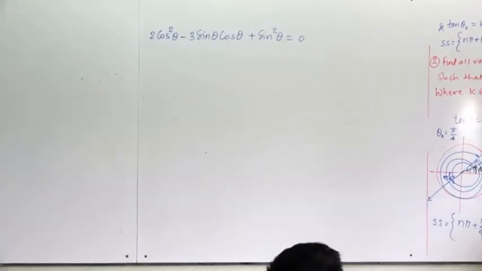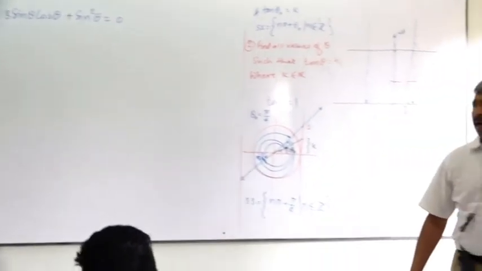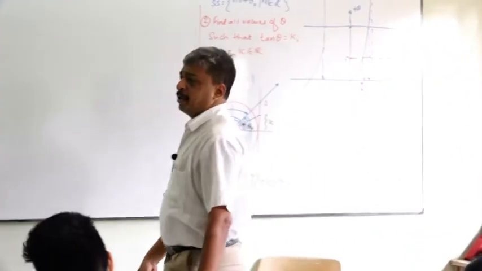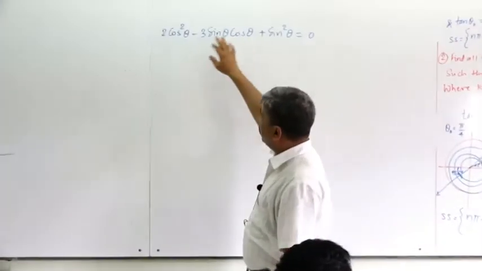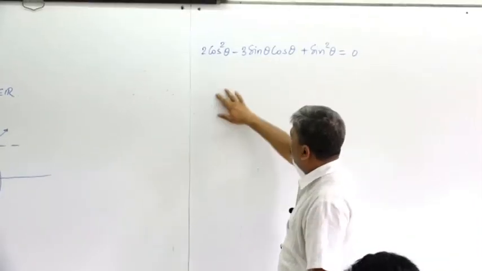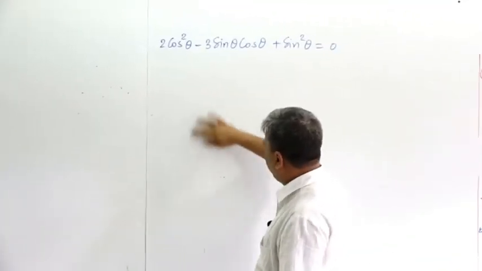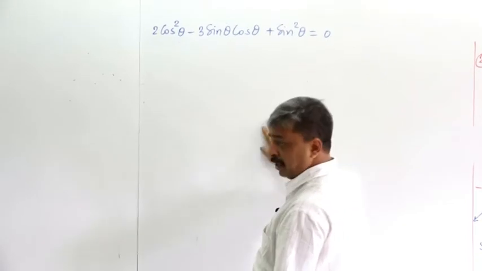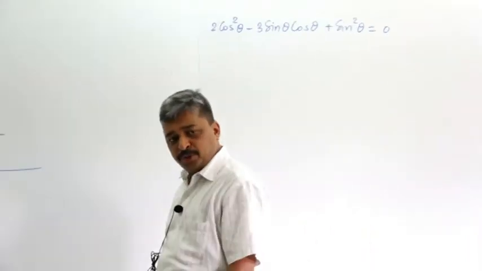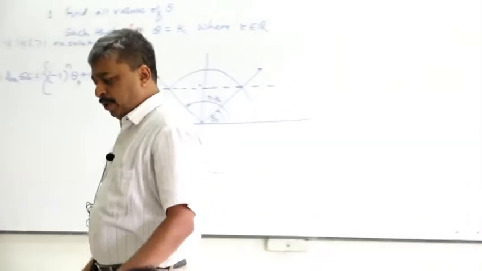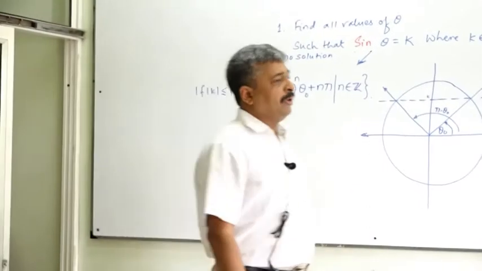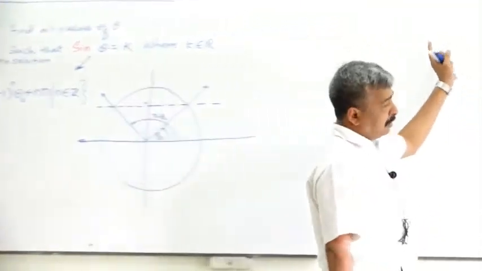Now this is simple. We know how to solve quadratic equation, and therefore this is degree 2 equation, but here the variable is not x, variable is trigonometric ratio, and we should solve it for trigonometric ratio. Eventually we should find out all values of theta which will satisfy this equation.